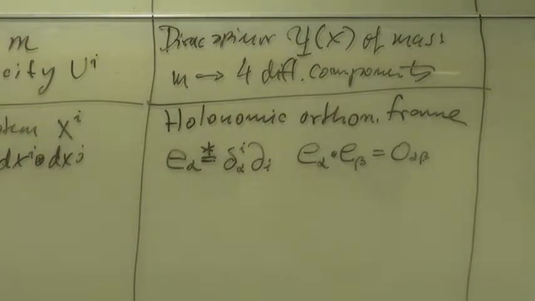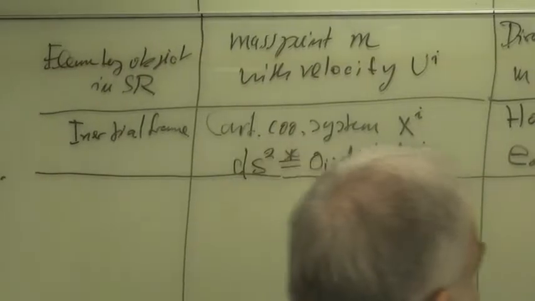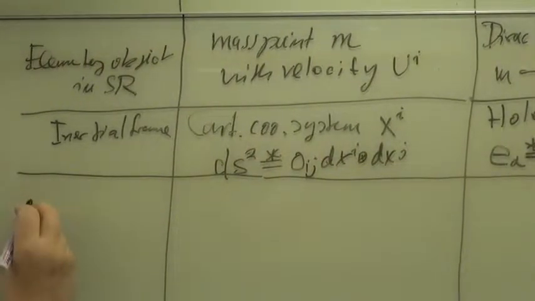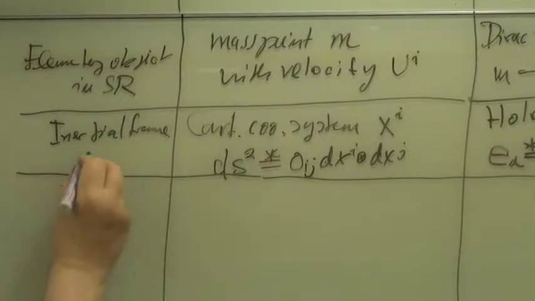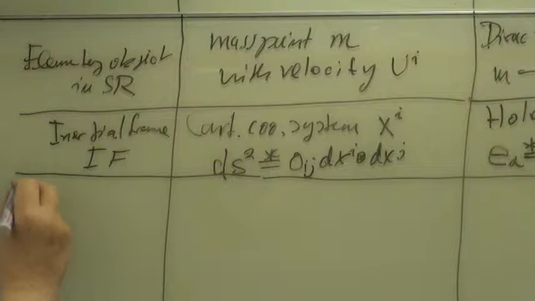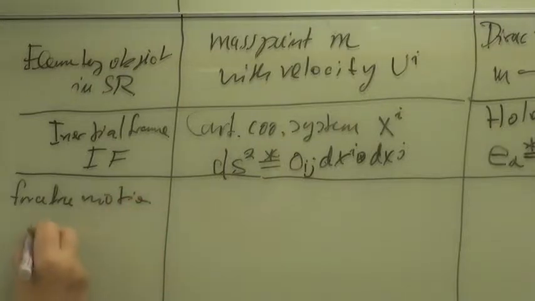Now the force-free motion, that is, I don't apply any force to my particle or my object. So that's a force-free motion in an inertial frame, which I call IF.